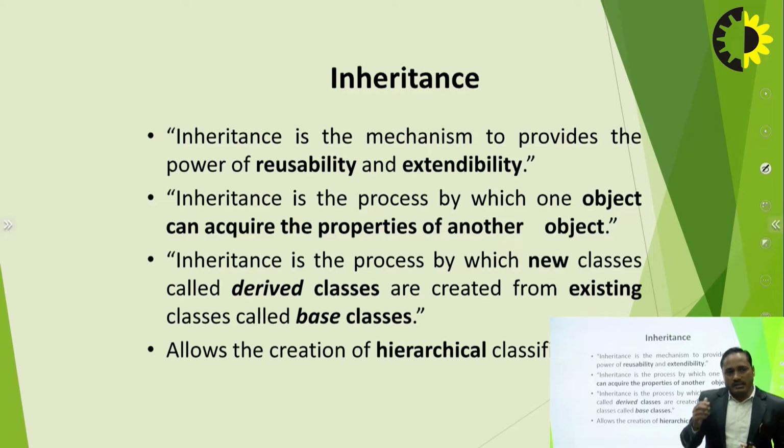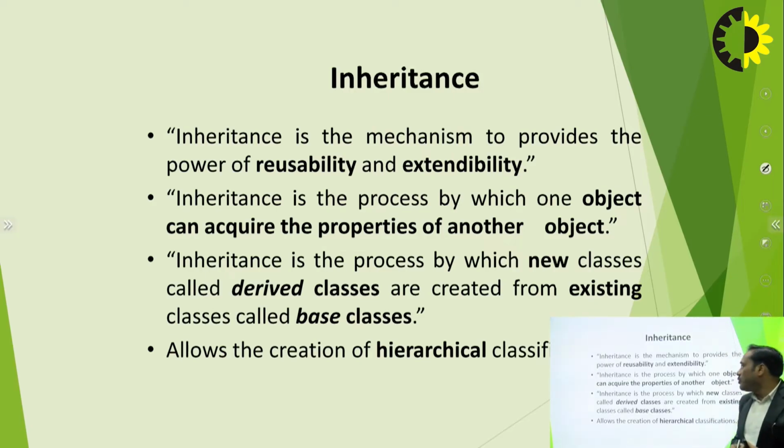An object acquiring the property of another object is only possible in inheritance. An object does not directly communicate to another object, but with the help of inheritance, by creating a class, one class can communicate to another class by inheriting the features of one class into another class.